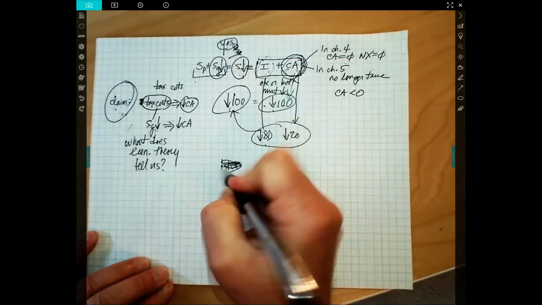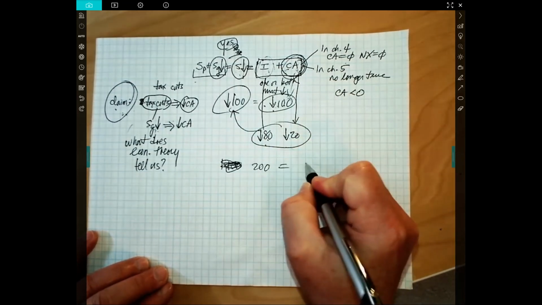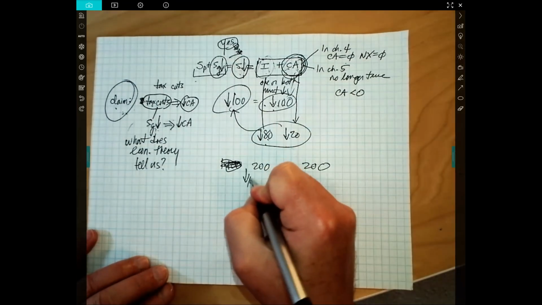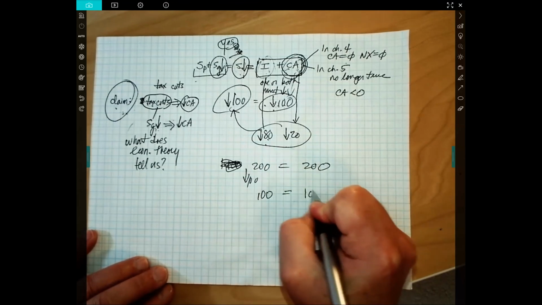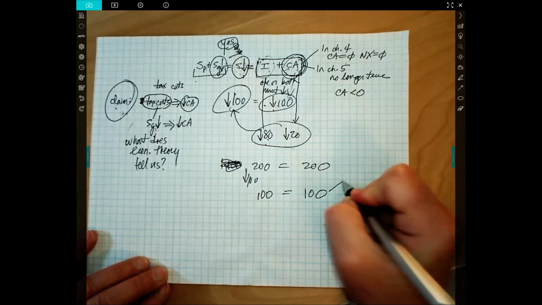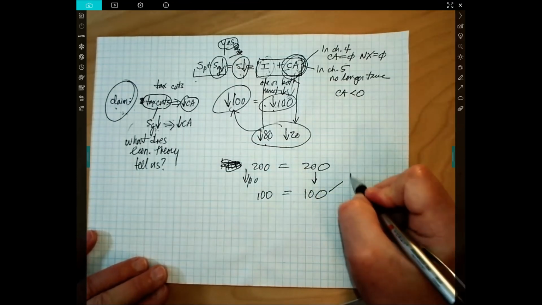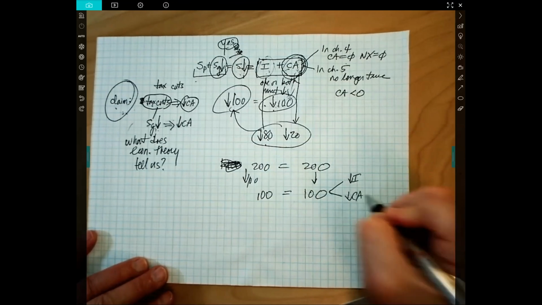So earlier, let's say it was 200 equals 200, right? It goes down by 100. Now it's 100 equals 100. This decline of 100 has to be made up of either a decline in investment or a decline in the current account.